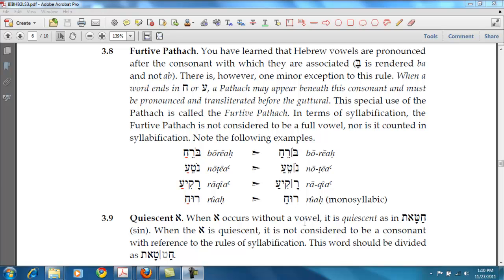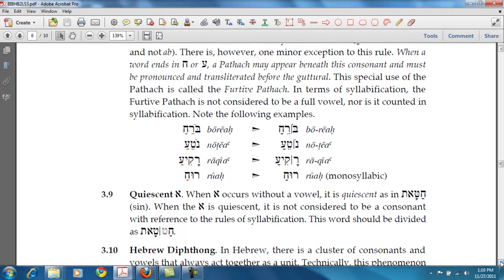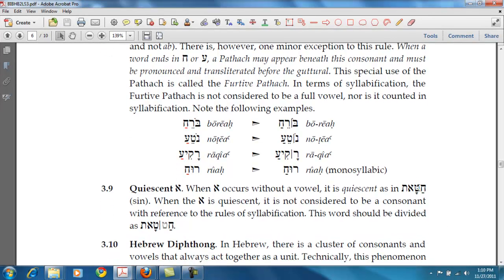Now, we've talked about the quiescence of the aleph before. When aleph occurs without a vowel, it is quiescent, as in chatat. So you've got a dagesh, because is this a non-begadkefat letter? Yes, it is a non-begadkefat letter, so it's going to be a dagesh forte.